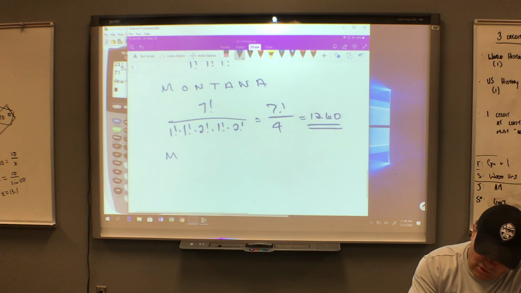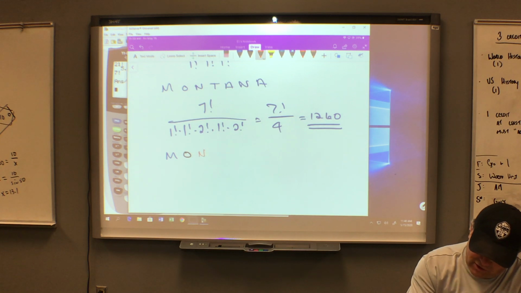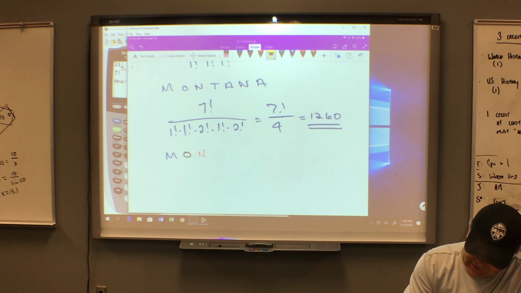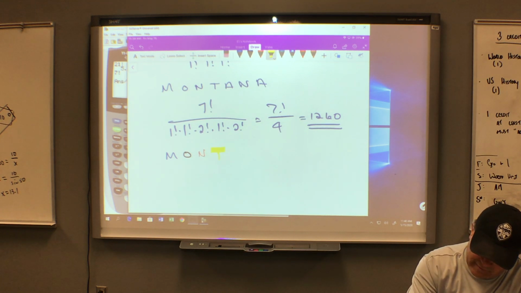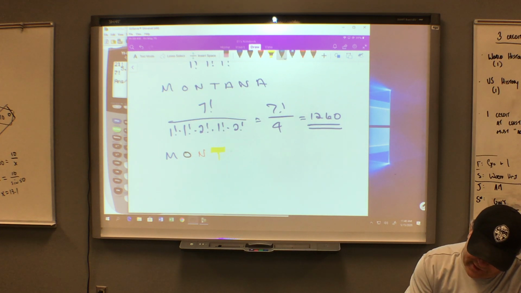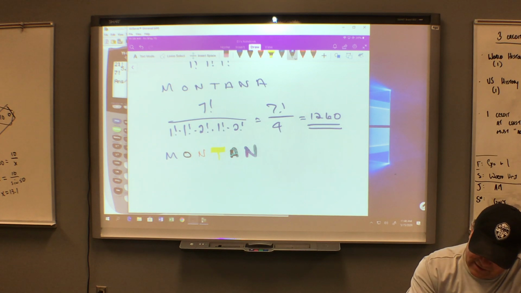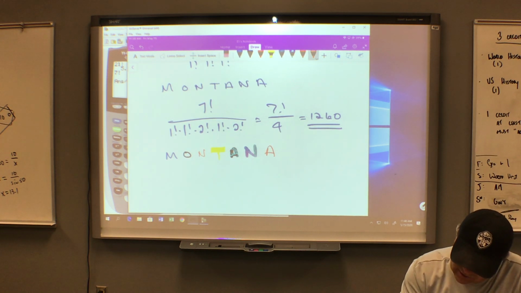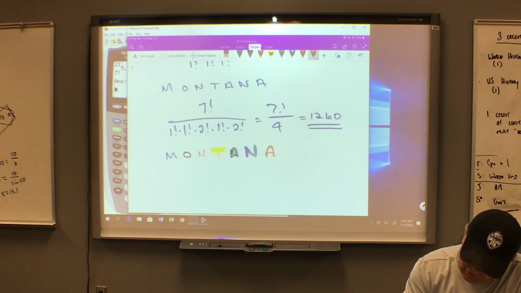M in blue, O in black, N in orange, T in yellow, this A in that funny color, this N in that color, which is different, and that A, which, well, let's see, we'll go copper so that it looks different.